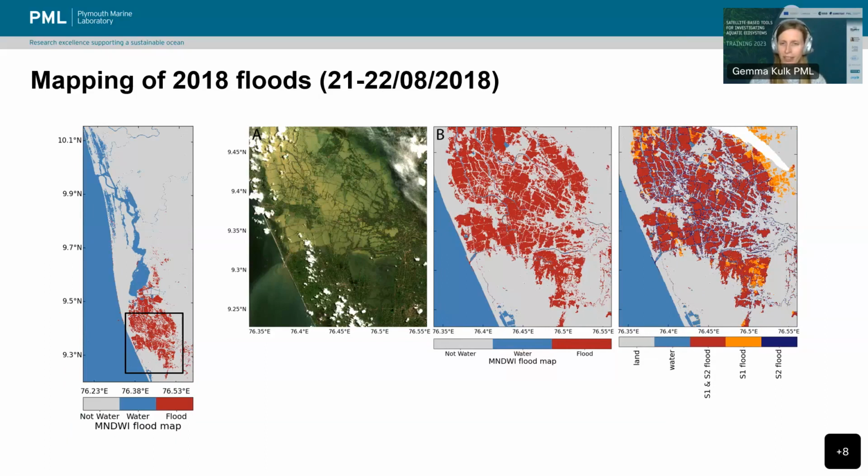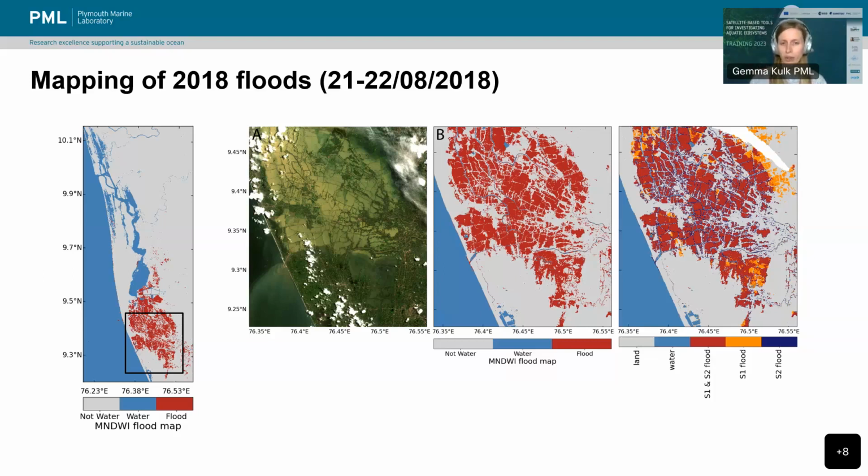We then compared the Sentinel-2 flood map from the 21st of August with the Sentinel-1 SAR image of a day later. We didn't have matching days, but they were close enough to compare.